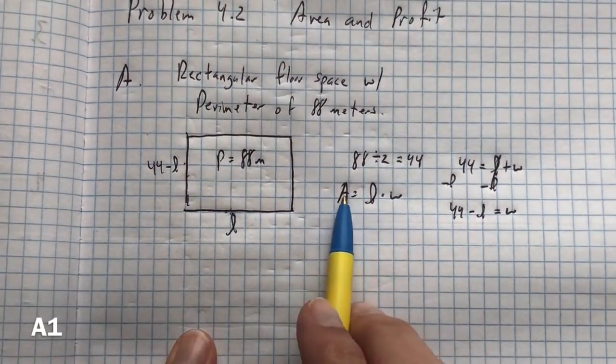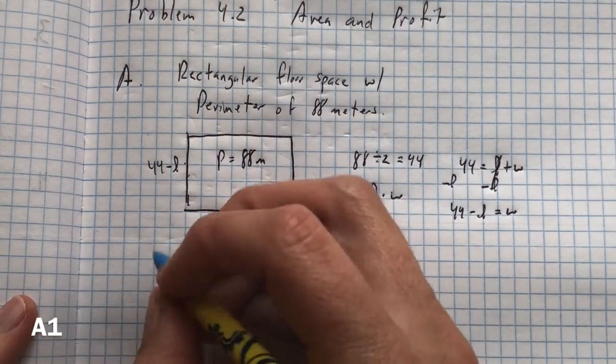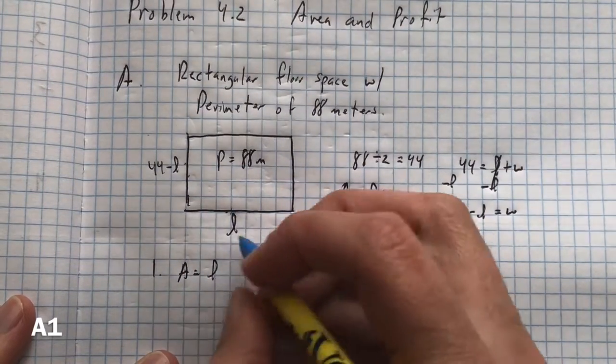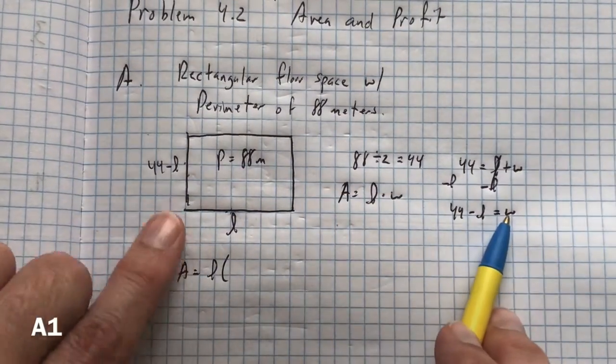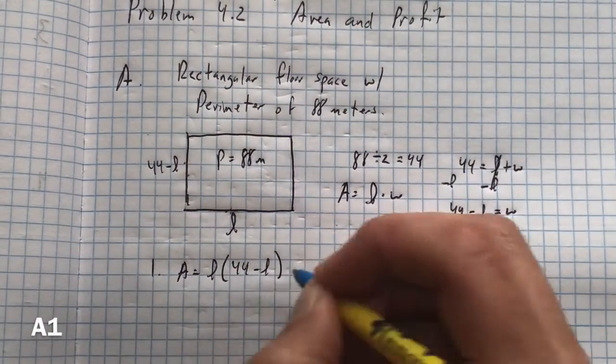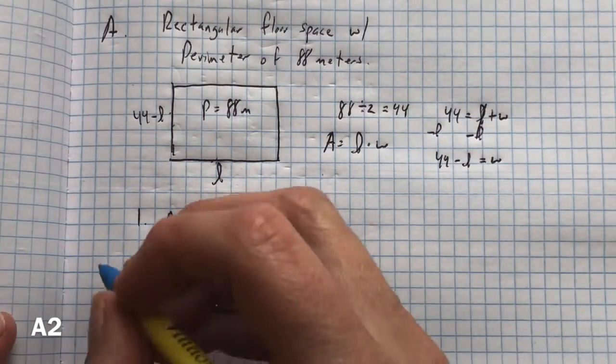And if we recall that area equals length times width, for part A1 the equation would be area is equal to length times, and remember W is this part here, 44 minus the length.